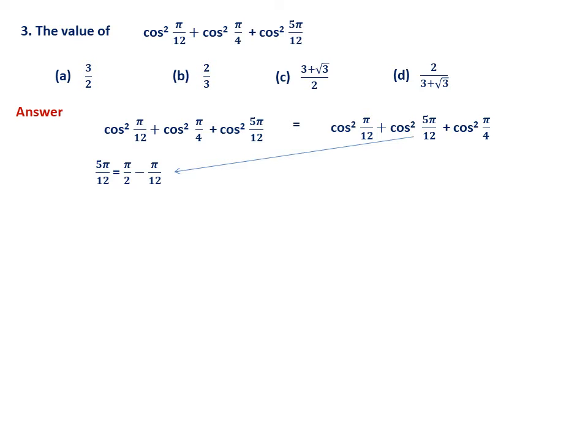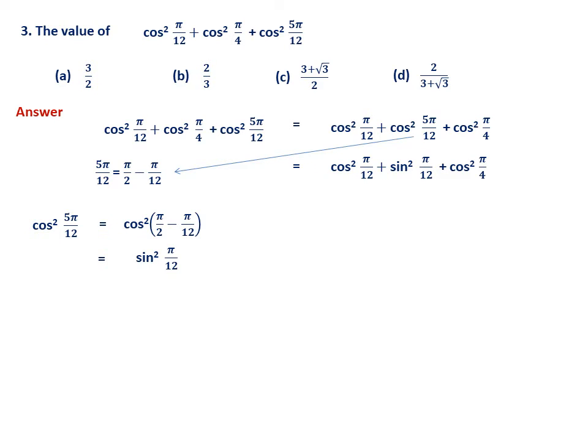You can check it. So cos square 5 pi by 12 can be written as cos square of (pi by 2 minus pi by 12), and by the allied angle rule, cos (90 minus theta) is sin theta, so it is sin square pi by 12.